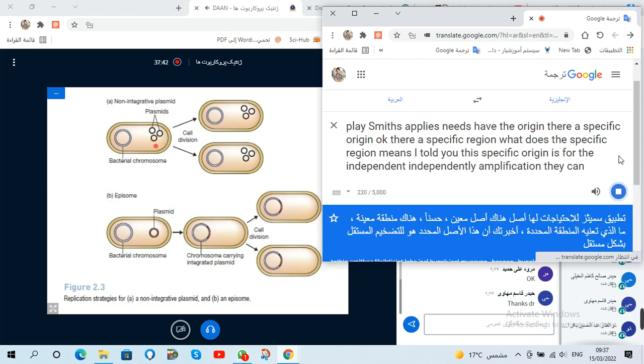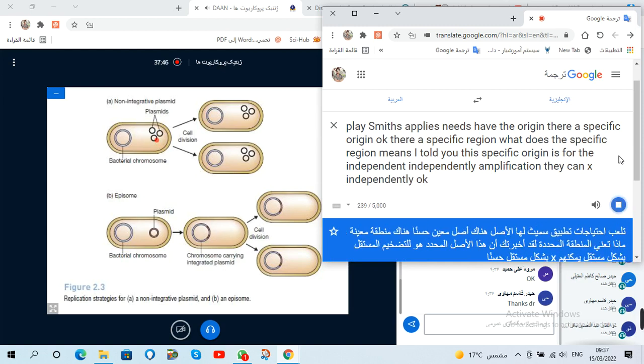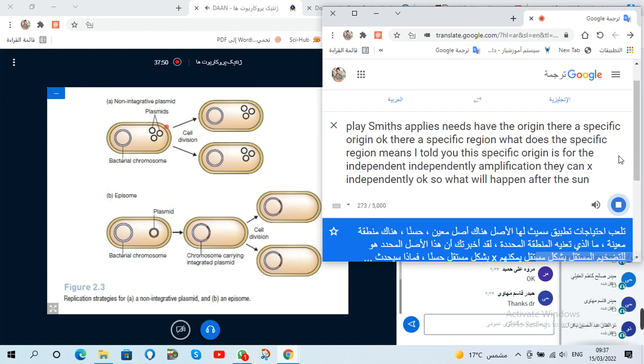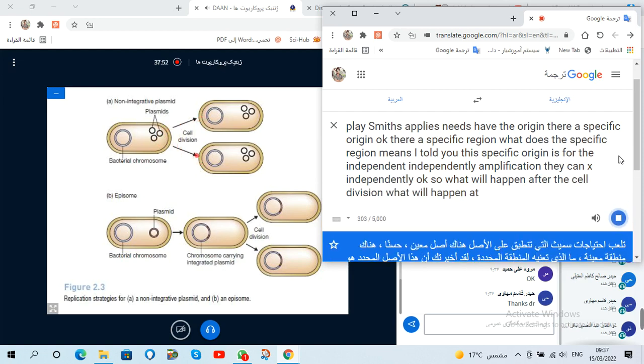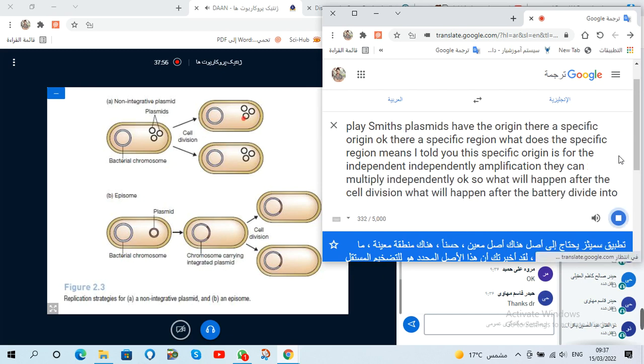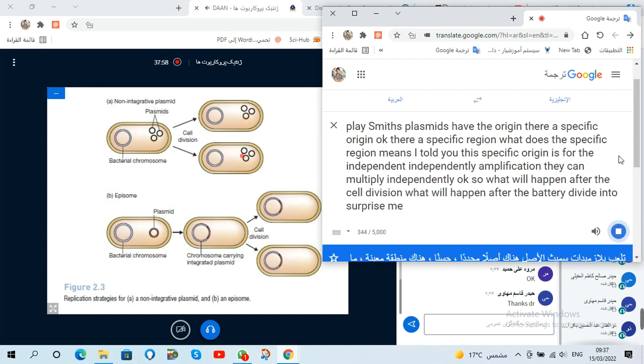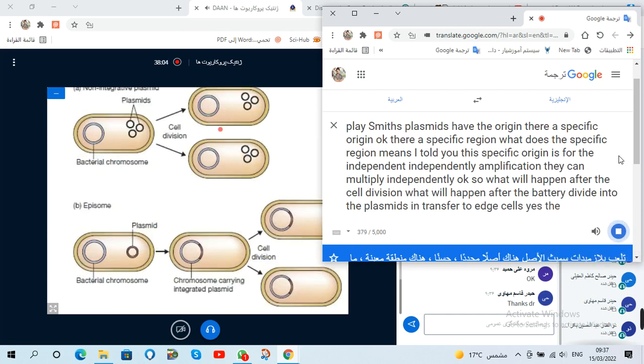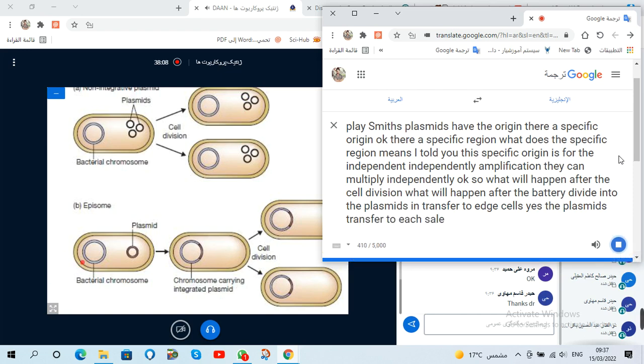They can multiply independently. So what will happen after the cell division? After the bacteria divide, the plasmids will transfer to each cell. Yes, the plasmids transfer to each cell.